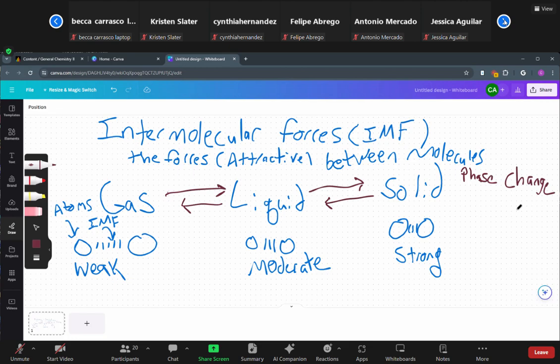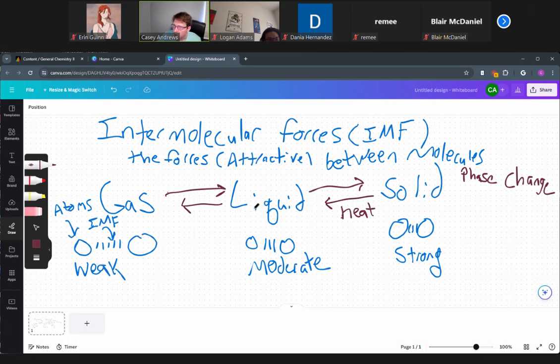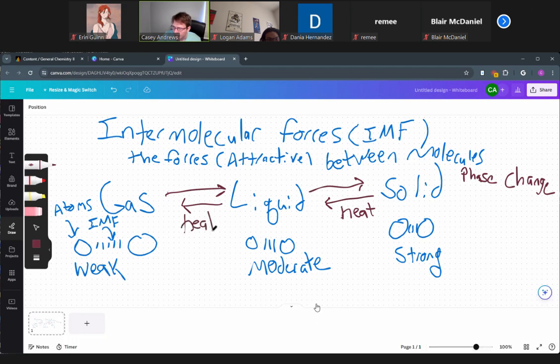All right, so let's go from right to left. Let's say I want to go from a solid to a liquid. Well, what I need to do generally is add heat. Heat needs to go in. If I go from a liquid to a gas, I need to add heat as well.